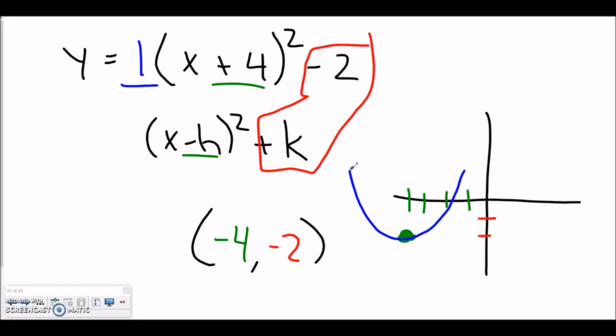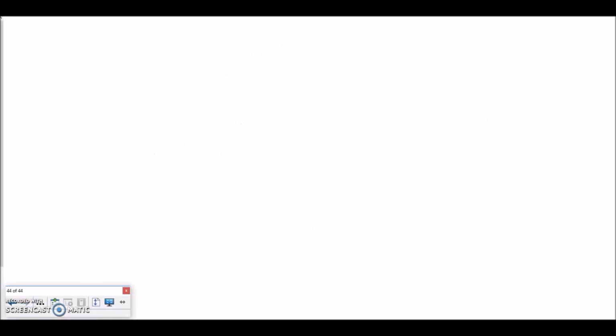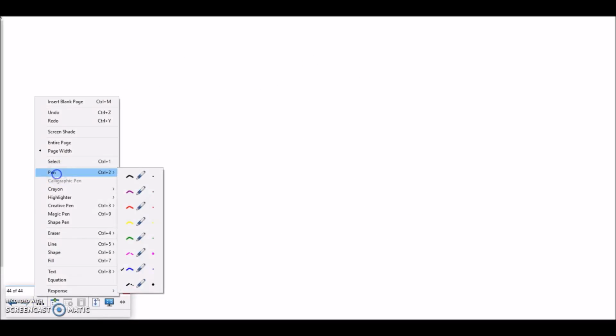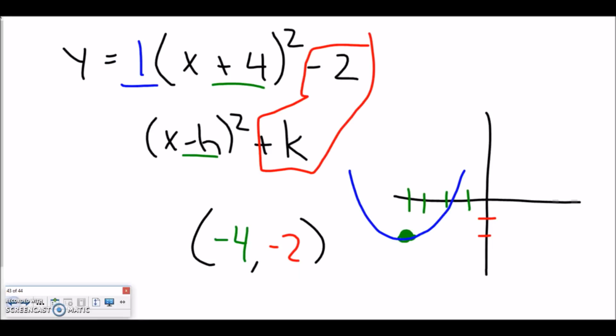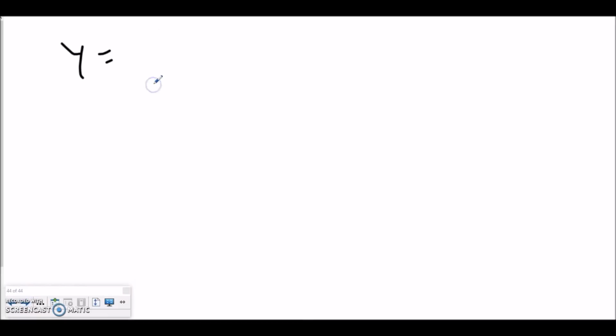So it's very important for us to know where our vertex is. Let's do one more quick one. What if it was (x plus 3) squared plus 1?